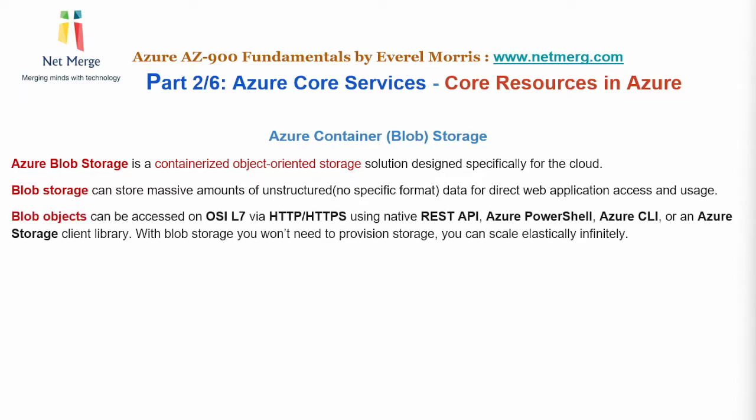You can store massive amounts of unstructured data for direct web application access and usage. You have blob objects. They can be accessed over OSI layer 7 through your web browser. You could access them using an API, Azure PowerShell, or a client-side interface. You could use your Azure Storage client library.